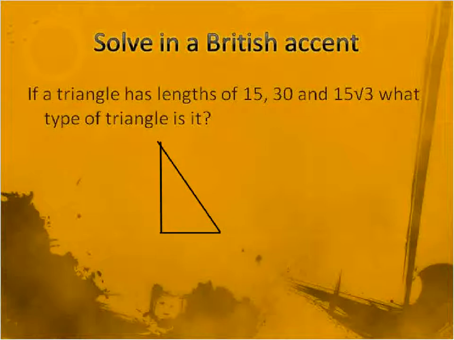Let's draw it up here. We had a short side that was 15. The hypotenuse of the triangle was 30. And if we multiply 15 times the square root of 3, we get the third side. If you recall, this type of triangle was a 30-degree, 60-degree, and 90-degree triangle.